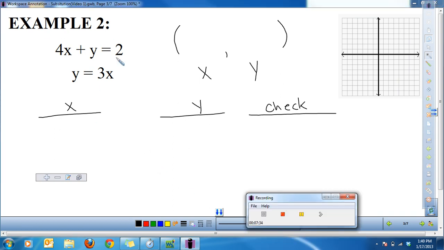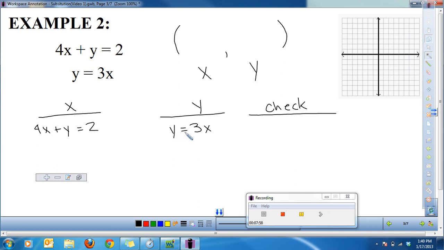Now I'm going to look at my two equations and I'm going to say, okay, which of these equations is solved for a variable? Which of these has a variable isolated? And I notice that y is isolated. y is by itself. So I'm going to go ahead and write that one underneath here. y equals 3x. I'm going to put my other equation under x because I'm going to use the other equation to solve for x.